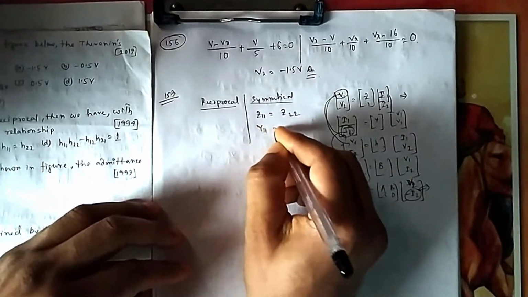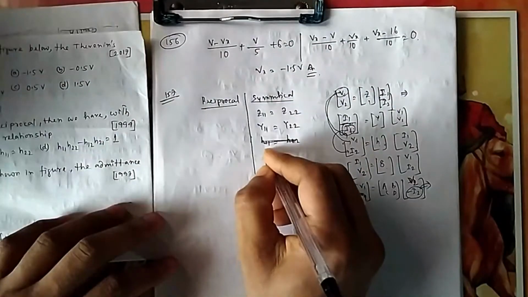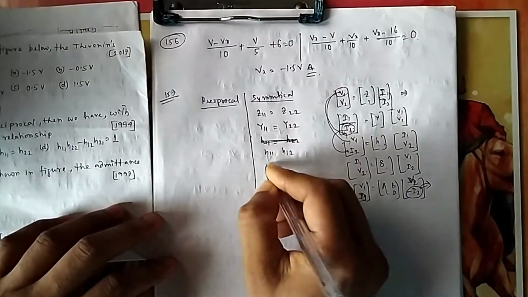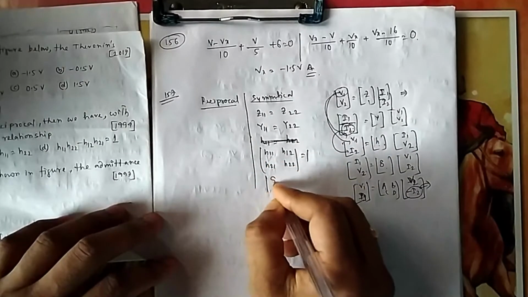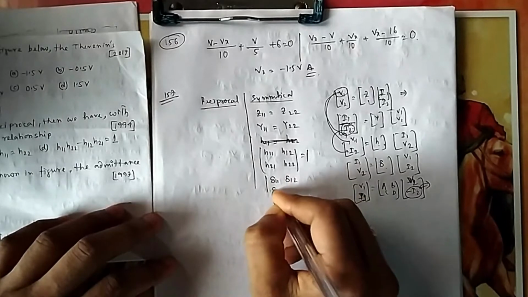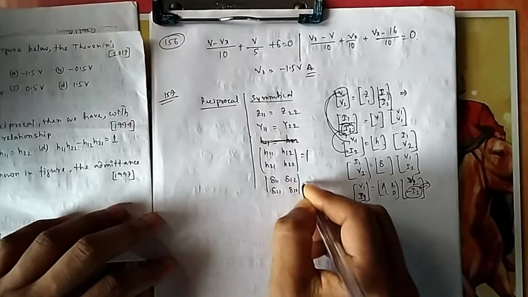Similarly Y11 should be equal to Y22. For the hybrid parameter, the determinant of H should be equal to 1. Similarly for G, the determinant of G11, G12, G21, G22 should be equal to 1.